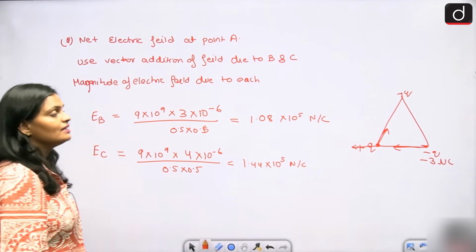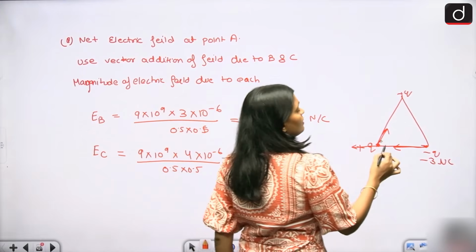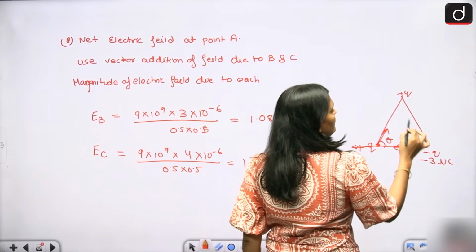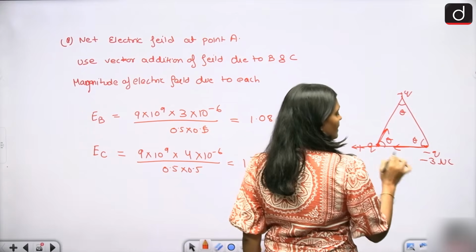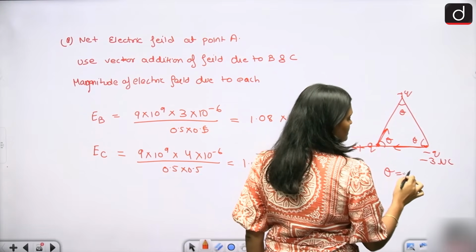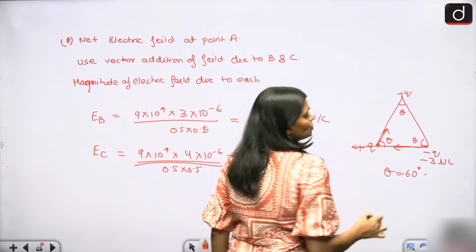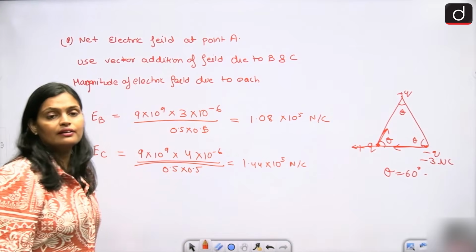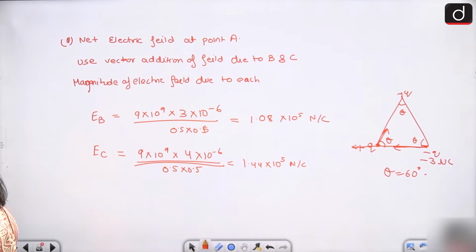So now you know that it is an equilateral triangle, right? So the angle between each side is the same. Each angle is the same and it is what? Equilateral triangle hai, so we have 60 degree only. So how are you going to calculate the net vector addition?